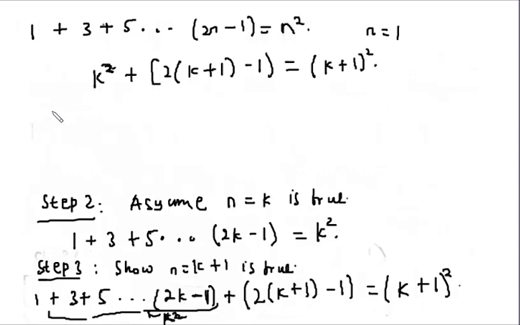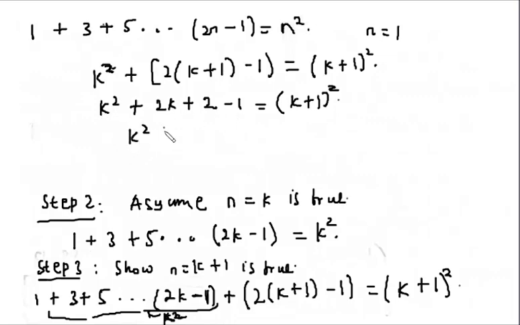Okay, so k squared plus 2 times k is 2k, plus 2 times 1 is 2, and then minus 1 here. Okay, so on the right hand side we still have our (k+1) squared. So if you simplify this further, you'd have k squared plus 2k plus 1, and then this is equal to (k+1) squared.